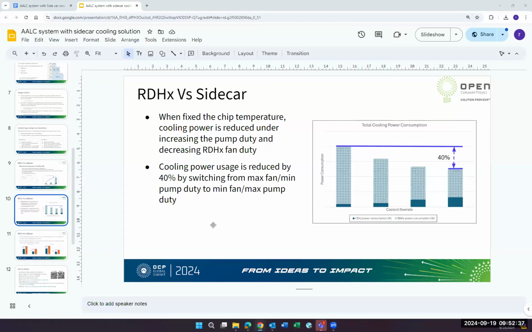Do you know the reason why this happens? You mean the tendency of the total power consumption? Yeah, why does the power consumption increase for the CDU and reduce for the rear-door heat exchanger?